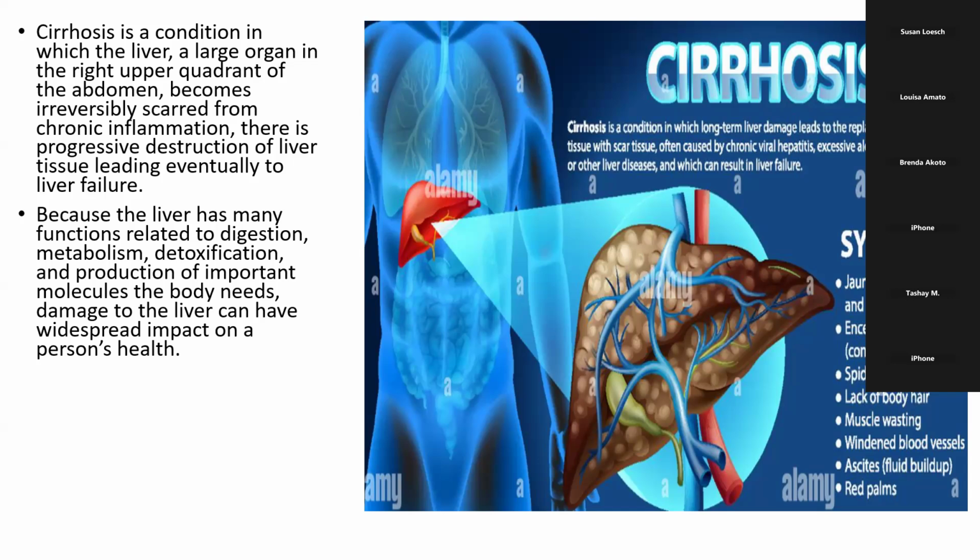And we saw that it's responsible for things with digestion, metabolism, detoxification, blood clotting. Things that could cause it to be damaged: chronic viral hepatitis, excessive alcohol, non-fatty liver disease.